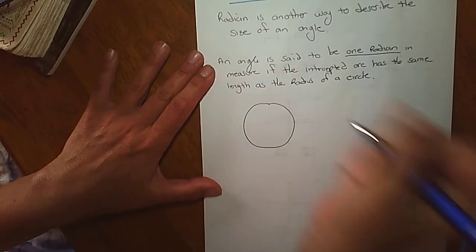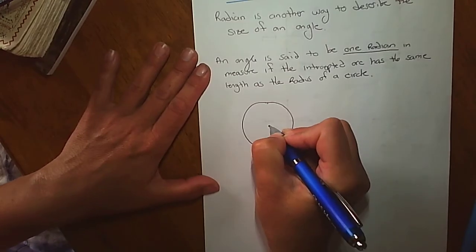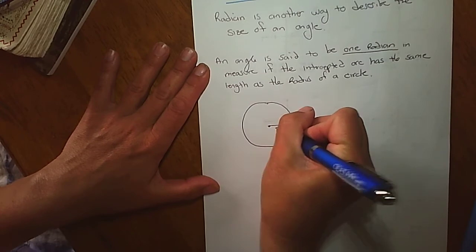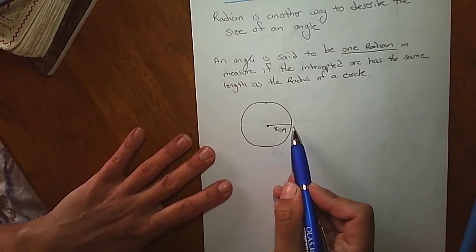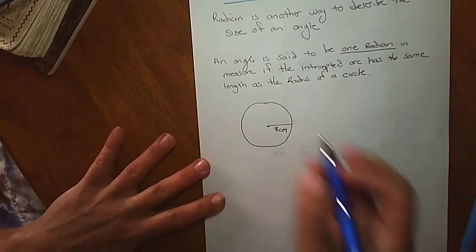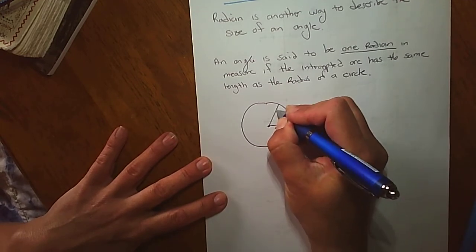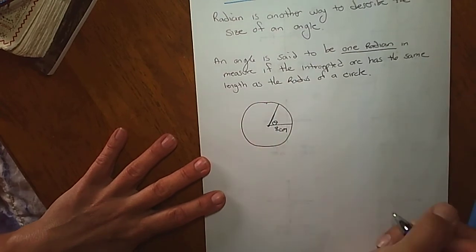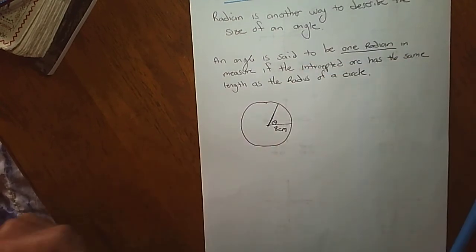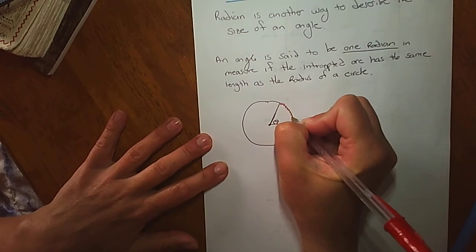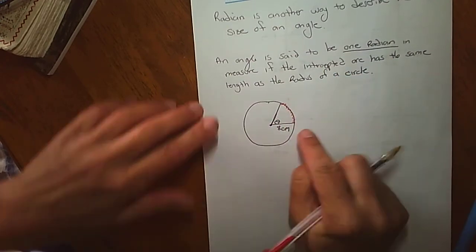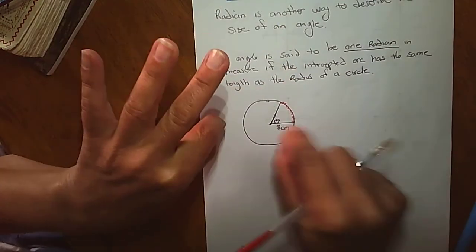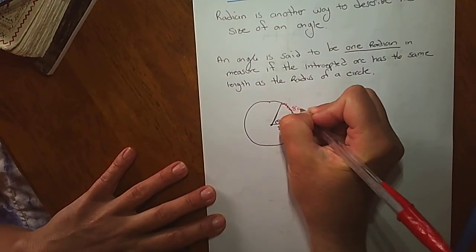Let's say we have a circle, right? And I say this is 8 centimeters. So I take a ruler and I measure from here to here. The radius is 8 centimeters. And then I'm going to draw a central angle. So this is my theta. Right here, this section I'm squiggling in red. First I'm going to take scissors and go snip, snip, and I take this red piece and I measure it. This also is 8 centimeters.